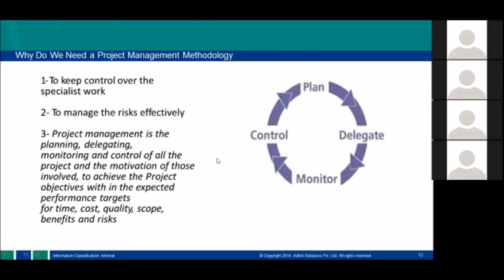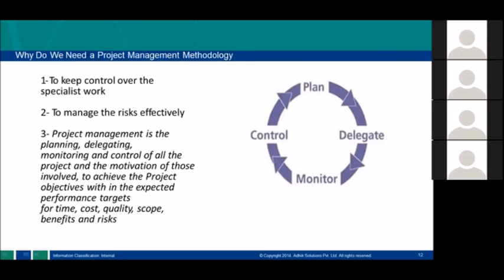Then this is my project management, plan and control. Okay, so according to PRINCE2, these are my plan, delegate, monitor, and control. So first you need to plan, then delegate.